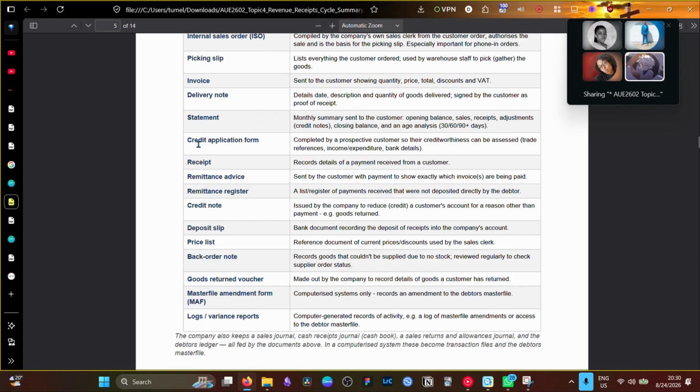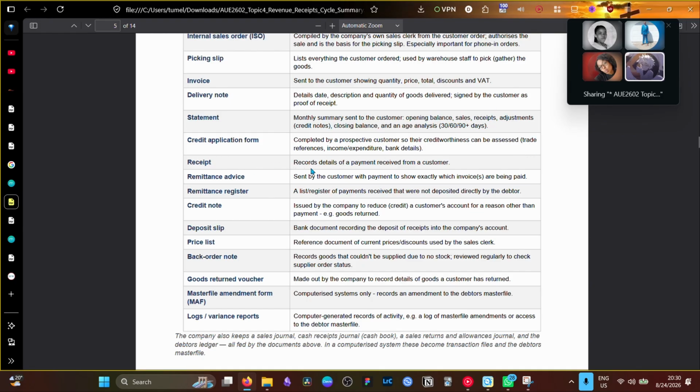And then here we have a credit application form. This is the credit management where this person has not ordered on credit, so we give them a form. Or it could be someone existing as well, to be honest. So here it is completed by a prospective customer so their creditworthiness can be assessed.